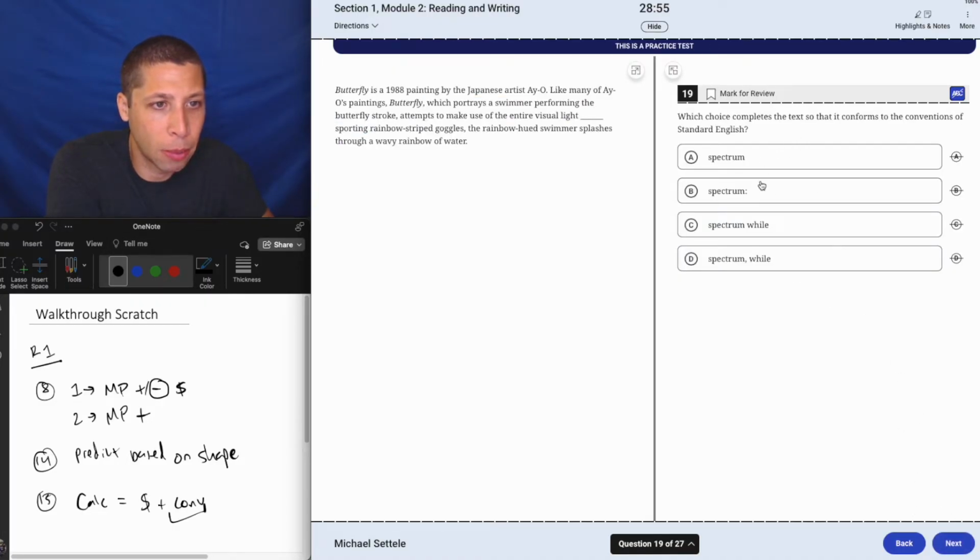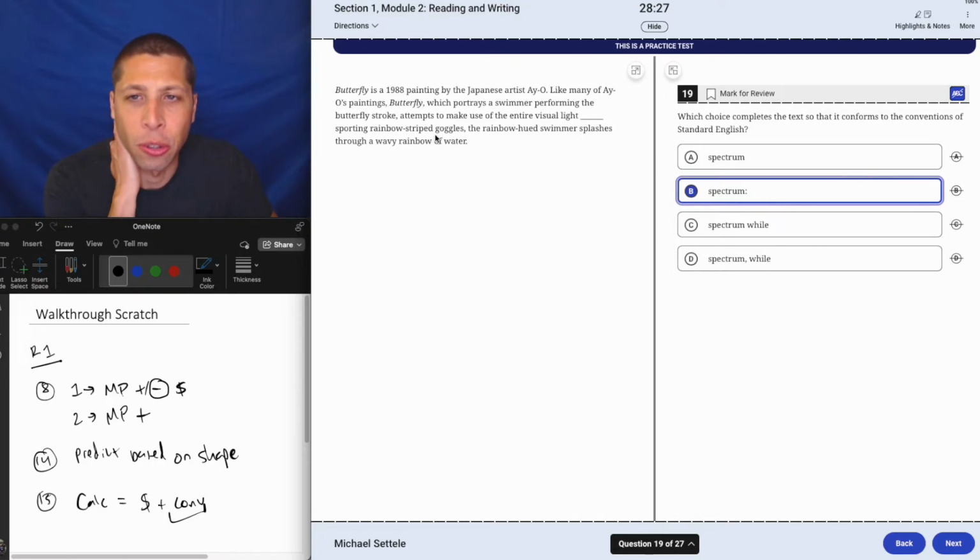Okay, we got to think about sentence structure again. We got a colon. Where's the sentence start? Butterfly is a 1988 painting by the Japanese artist. Like many of this person's paintings, Butterfly, which portrays a swimmer performing the butterfly stroke, attempts to make use of the entire visual light spectrum. Okay, that's a sentence. Sporting rainbow-striped goggles, the rainbow-hued swimmer splashes through a wavy rainbow of water. Yeah, it needs to be this because it's two sentences. Now, let me just make sure.